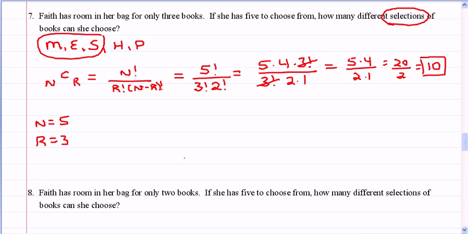Now before I scroll down, if we take a look at number 8, the only difference between number 7 and number 8 is that now she's only taking 2 books. She still has 5 to choose from. How many different selections of books can she choose?